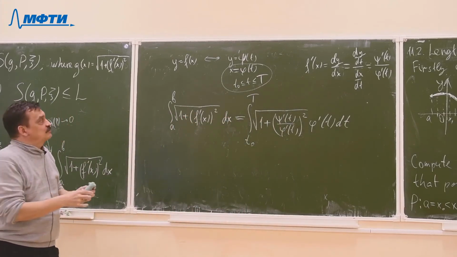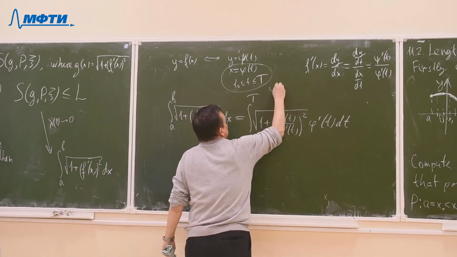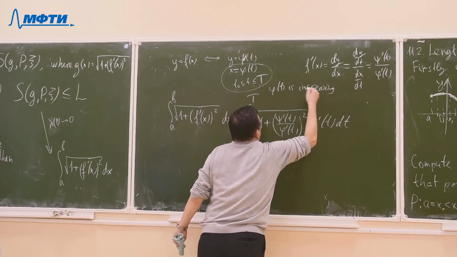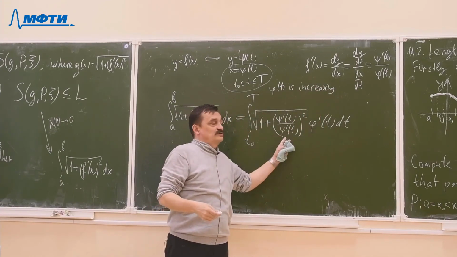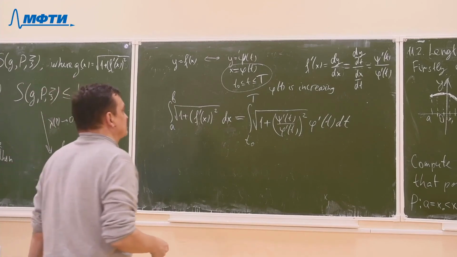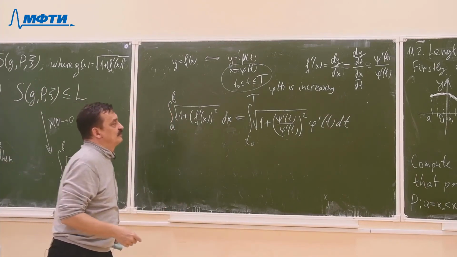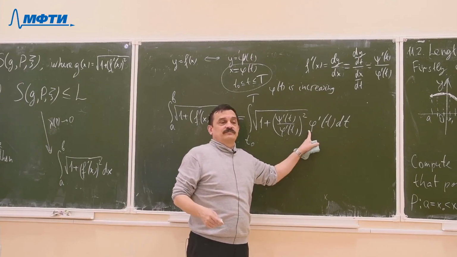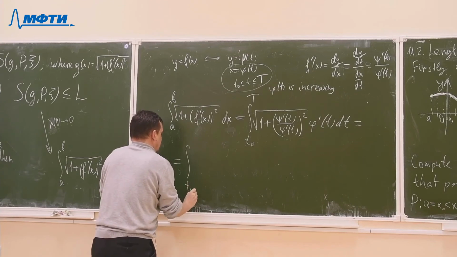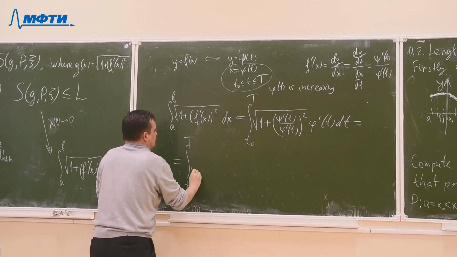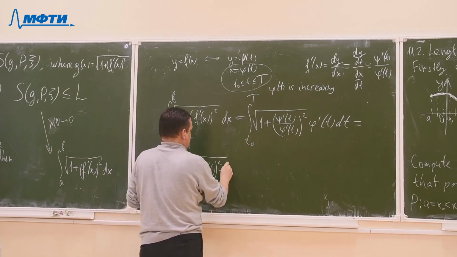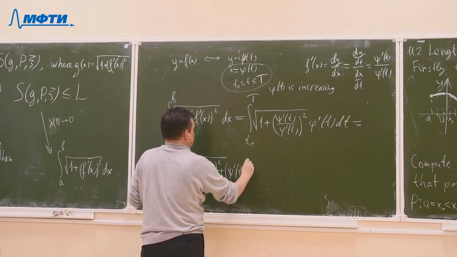And of course it is natural to suppose that phi is strictly increasing to avoid zeros of the derivative, right? Phi of t is increasing. Then this is positive, and I can rewrite it as follows: the square root of phi prime of t squared plus psi prime of t squared dt.